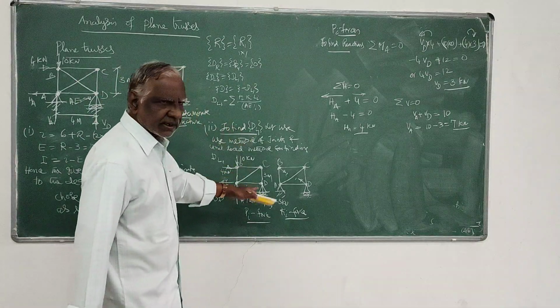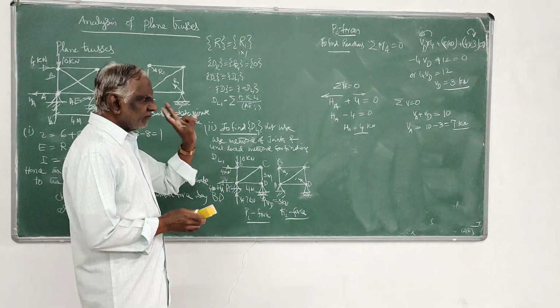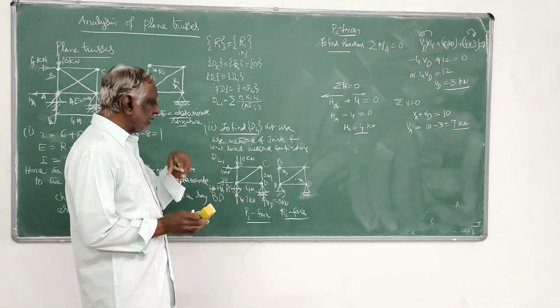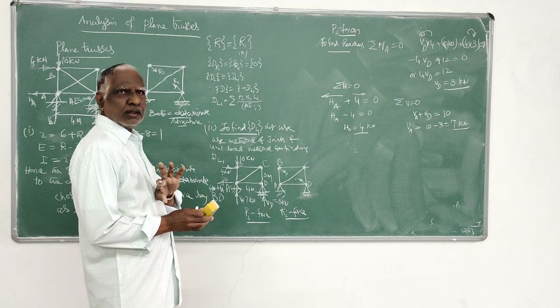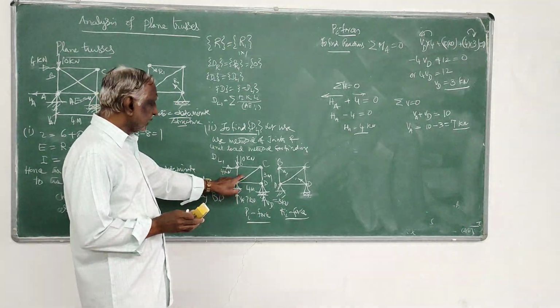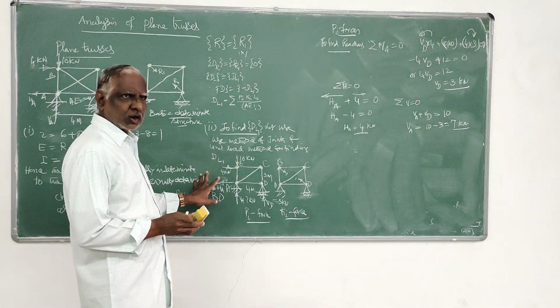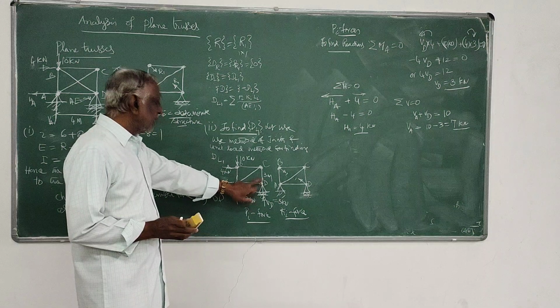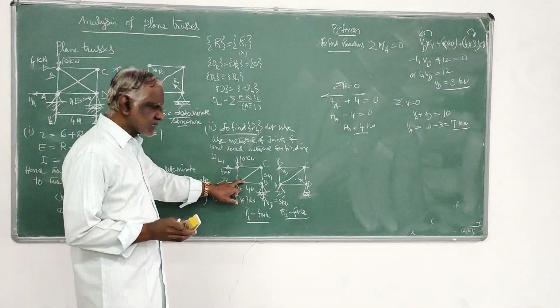So this is your first step, you have to find the reactions. Then go on considering joint by joint. While choosing the joint, you always choose a joint wherein not more than 2 unknown member forces are there. Here, joint A has 3 unknowns, leave it, don't take it. Then joint D, I can take it because there are only 2 members.